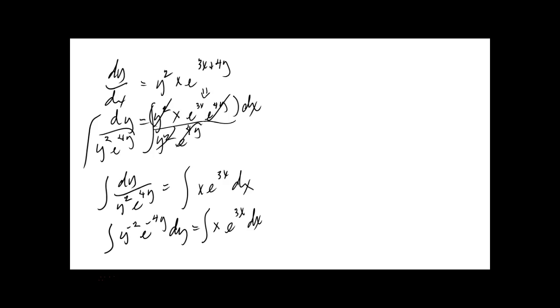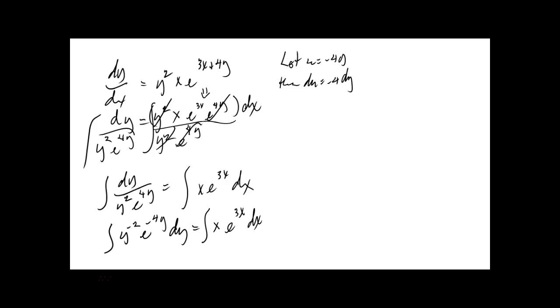Not particularly great, but once you've said let u equal minus 4y, then du is equal to minus 4 dy. Pretty straightforward.